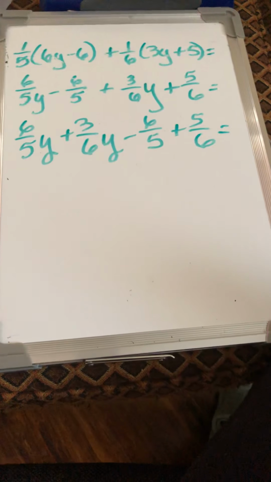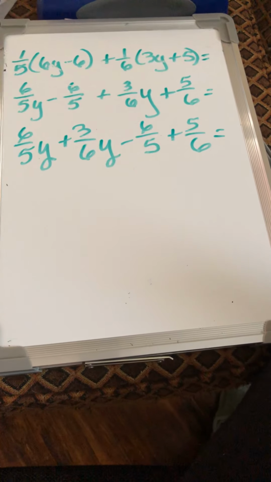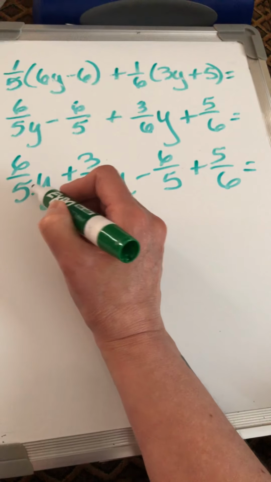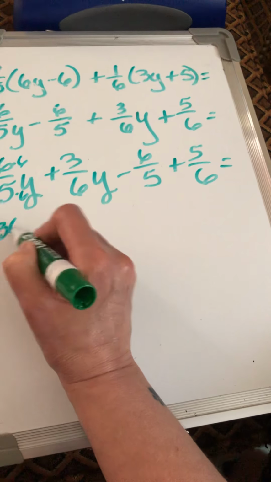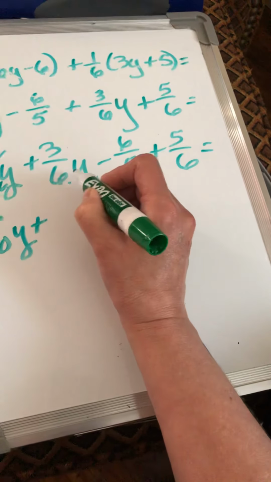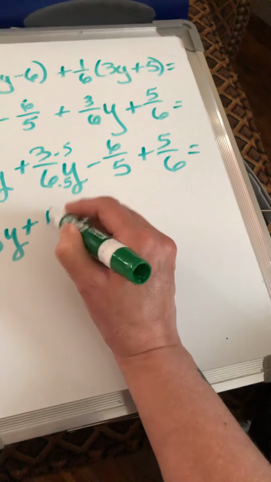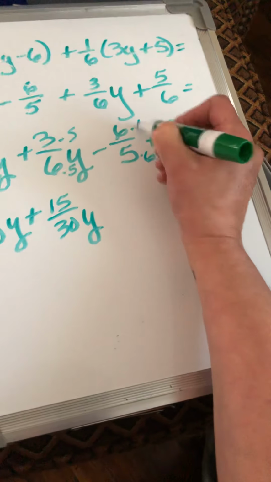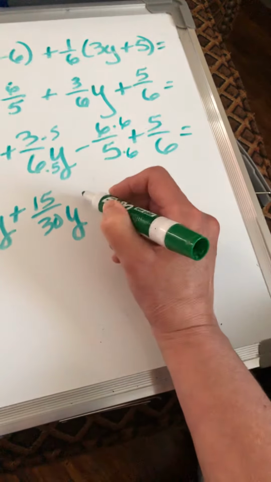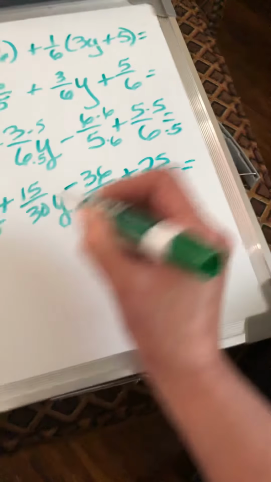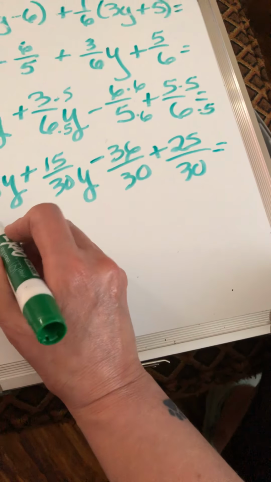Okay, let's do, what do you think? I'm thinking 30. I'm feeling 30. So let's do times 6 times 6, 36/30ths y, times 5 times 5, 15/30ths y, times 6 times 6, minus 36/30ths, times 5 times 5, 25/30ths. 36 plus 15, that's 4.